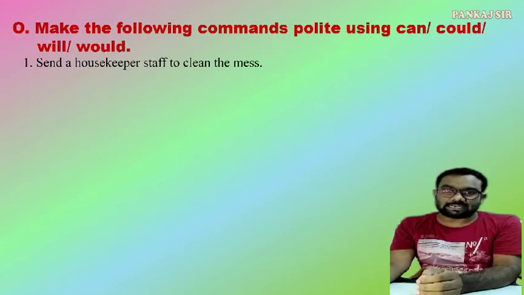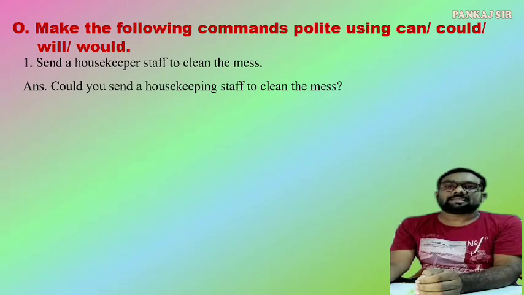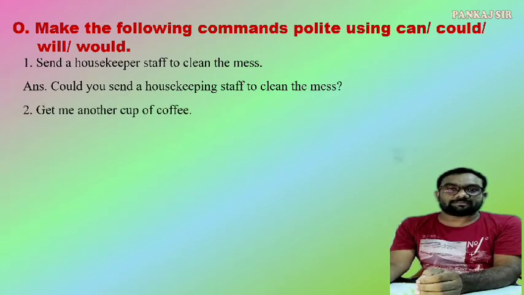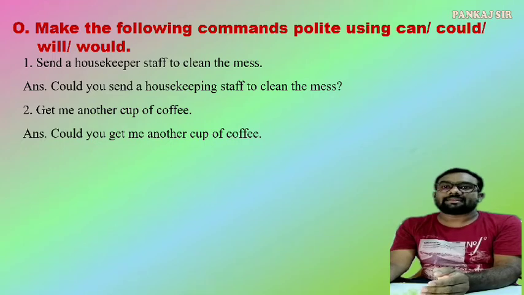Instead, we can say it very effectively and politely: could you send a housekeeping staff to clean the mess? Next is, get me another cup of coffee. Instead, we can say, could you get me another cup of coffee? We can add please there.